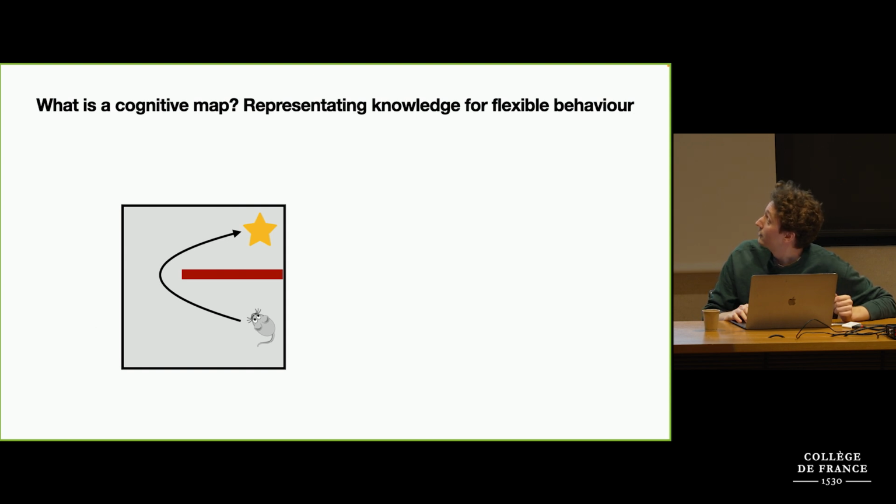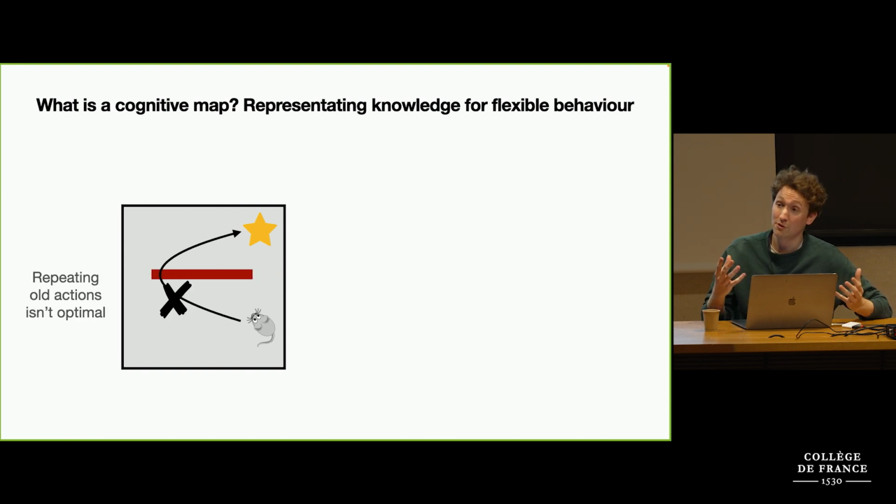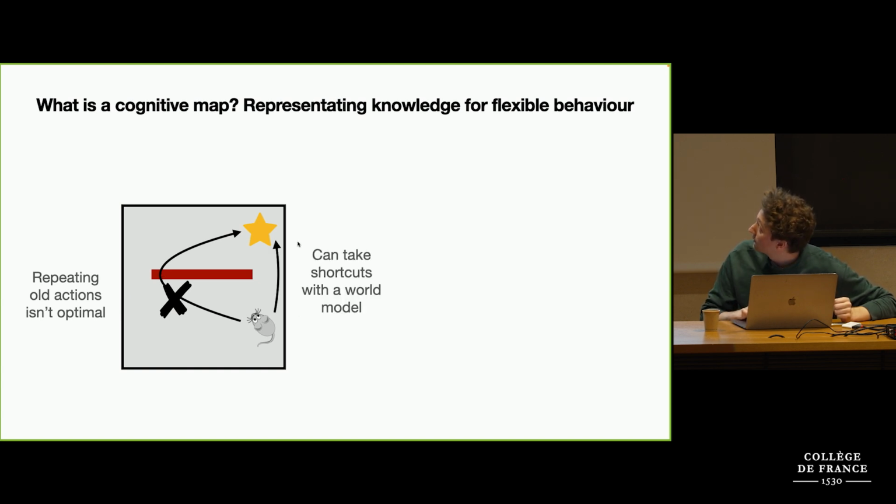But what happens if a new shortcut appears, a new opening appears? Well, now, repeating these old actions is no longer optimal, because now it will just run into the wall. And instead, taking this shortcut is the appropriate action to take. But that's something this rodent can only know that it needs to do if it knows that this location here connects to this location here.